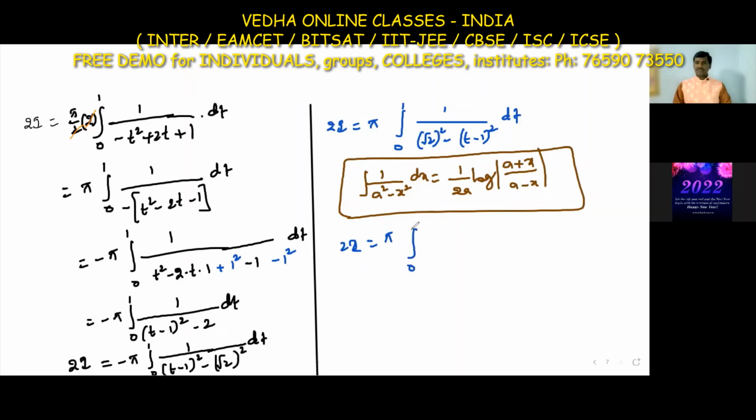No need of the integral sign, we are applying the integration formula: 1 by 2a, where a is root 2, into log mod (a plus x) divided by (a minus x), that is (root 2 plus (t minus 1)) divided by (root 2 minus (t minus 1)), and the limits are 0 to 1.